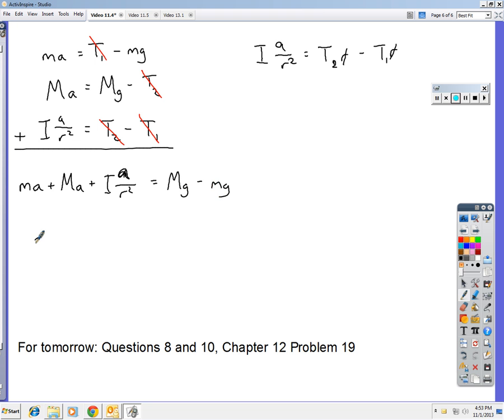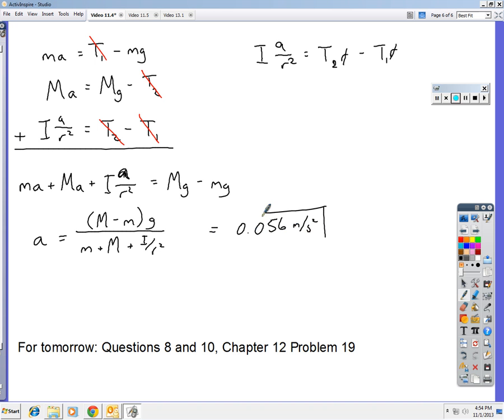And then we solve for A. So we get big M minus little m, times g, over little m plus big M plus I over R squared. And now we plug in all the numbers, which I'm not going to show you, and we come up with a number for A that is 0.056 meters per second squared.